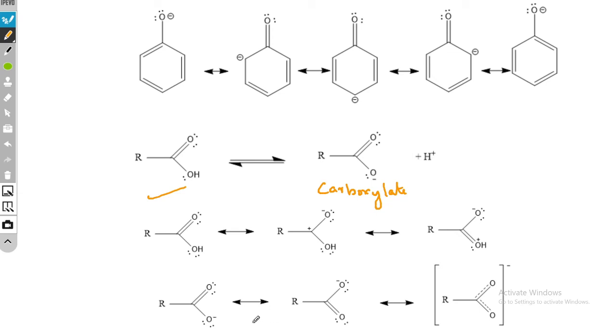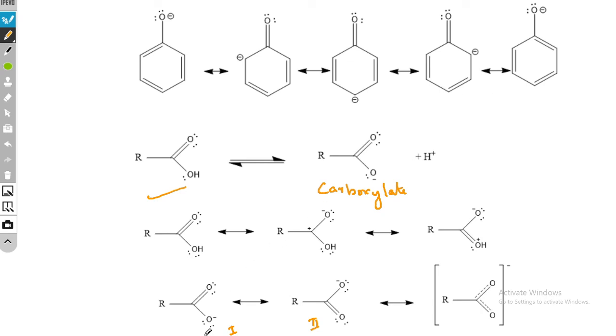If you draw the resonating structures of this carboxylate ion, there is only a negative charge. Here I have drawn only two resonating structures, and this is the resonance hybrid structure. So here there are only two resonating structures, but in the phenoxide ion there are many. We have studied that when there is a large number of resonating structures, stability will be high.